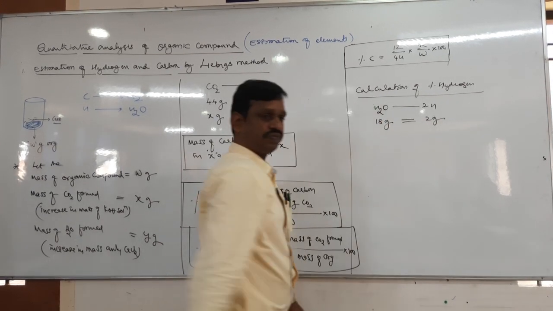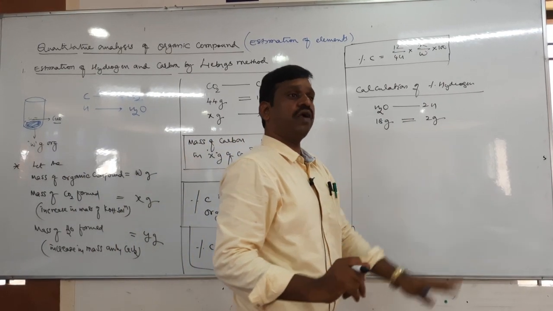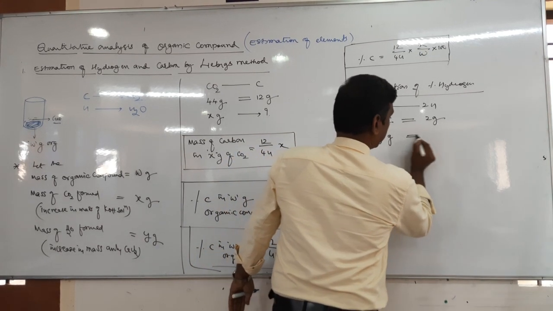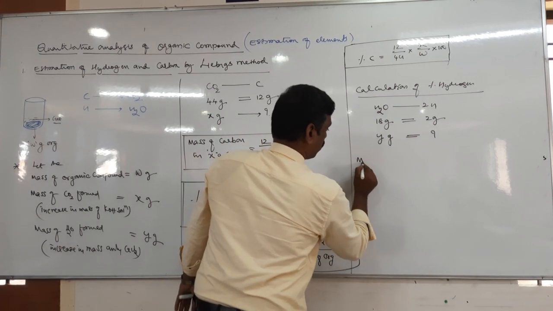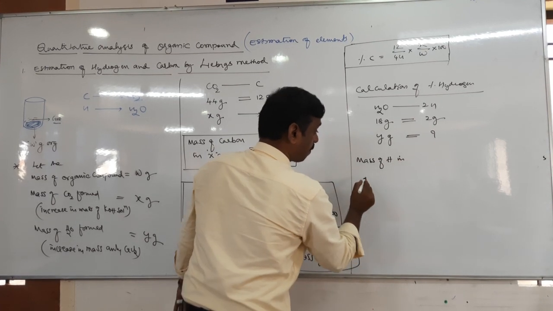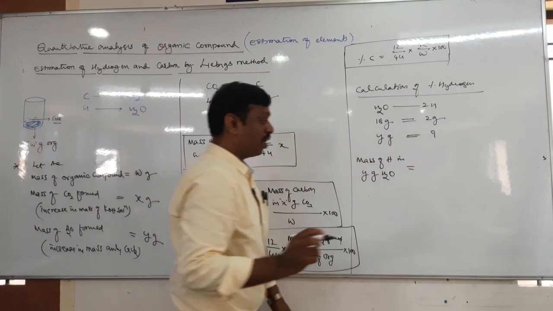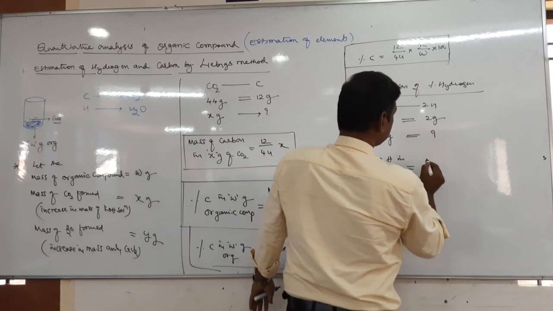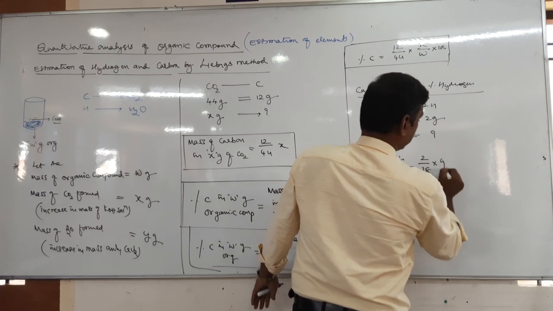Now, 18 gram of water equals 2 gram hydrogen. If y gram of water is formed, then what is the mass of hydrogen in y gram of water? It is 2 by 18 into y.